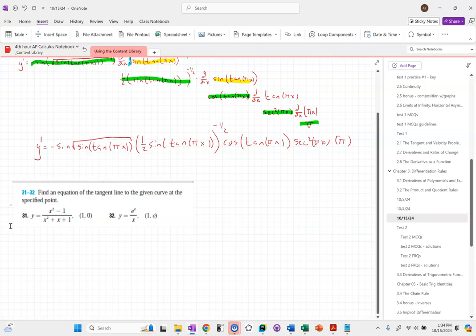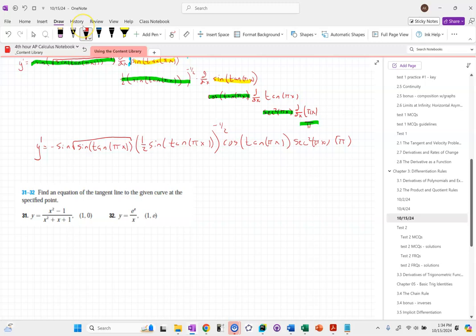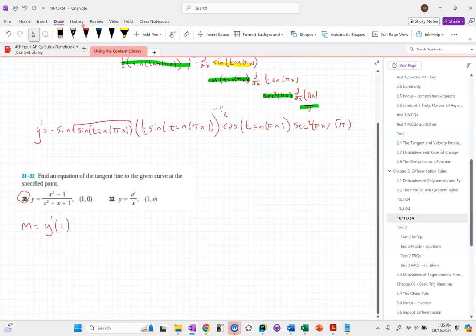So it says, find an equation of the tangent line to the given curve at the specified point. We're doing 31. So I know that the slope is going to be the derivative evaluated at 1, right? So to find the derivative, I'm going to be using the quotient rule.